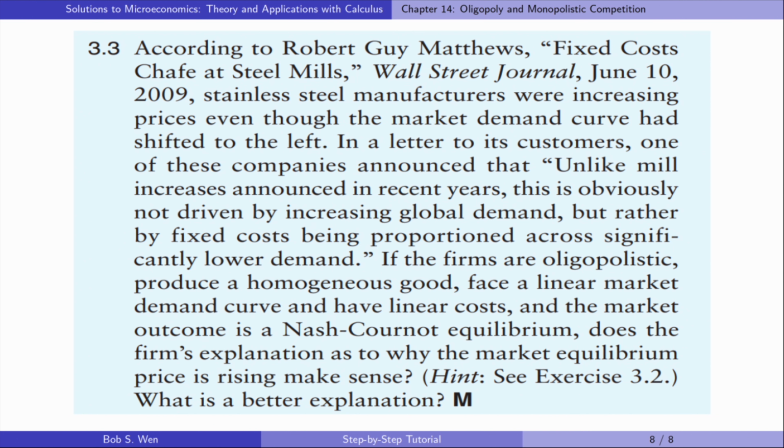If the firms are oligopolistic, produce a homogeneous good, face a linear market demand curve, and have linear costs, and the market outcome is a Nash-Cournot equilibrium, thus the firm's explanation as to why the market equilibrium price is rising makes sense. We will explore the reason for an increase in the Nash-Cournot equilibrium price.